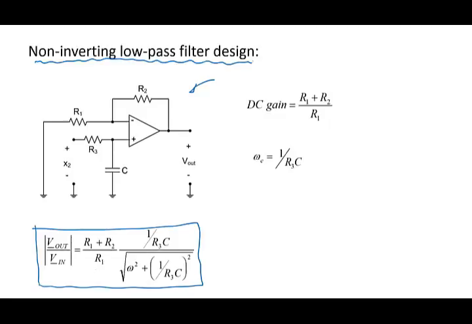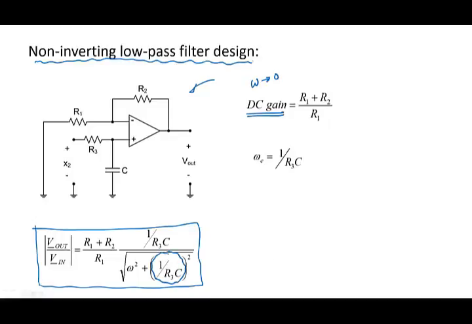As omega goes to 0, the DC gain, this term here, just goes away. The DC gain becomes (R1 + R2)/R1. If you apply the definition, the corner frequency of this circuit is 1/(R3·C).